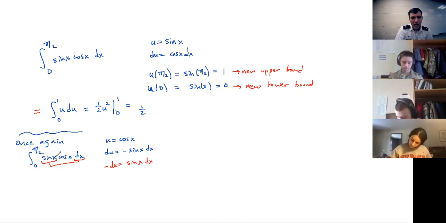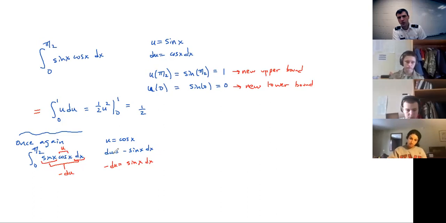So over here, I'm going to replace the sine x dx with a negative du. Does that make sense? And then this part here is going to be my u. This part here is negative du. Are those substitution steps making sense?